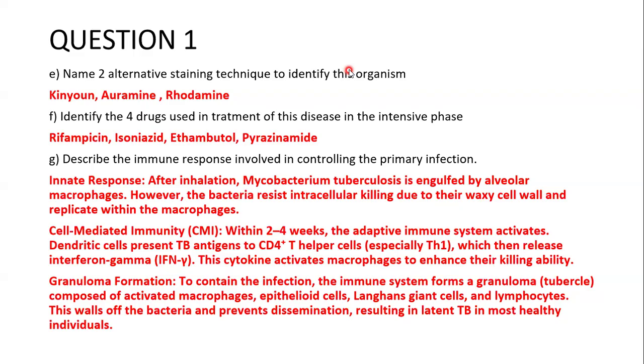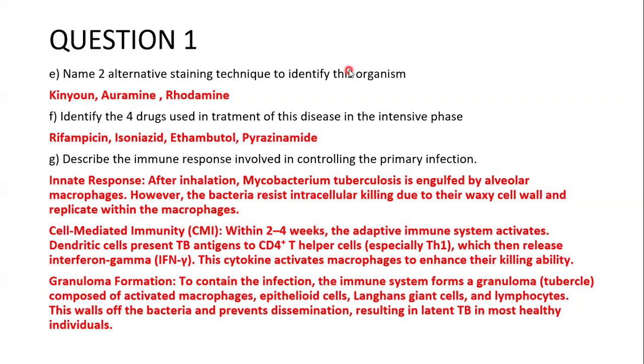Now, when the macrophages have engulfed the TB and cell-mediated immunity has occurred, there's going to be formation of the granuloma. This granuloma is what leads to the formation of the Ghon complex. There are terms here.